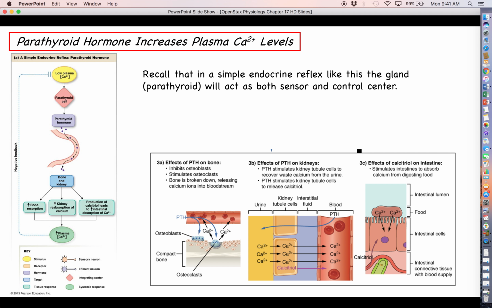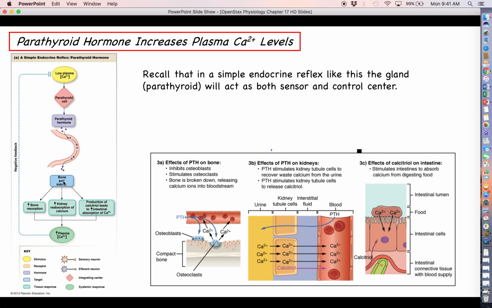As a simple endocrine reflex, there's only one gland and one hormone. You've got the parathyroid acting as both the sensor and the control center, and you've got parathyroid hormone as the output signal.